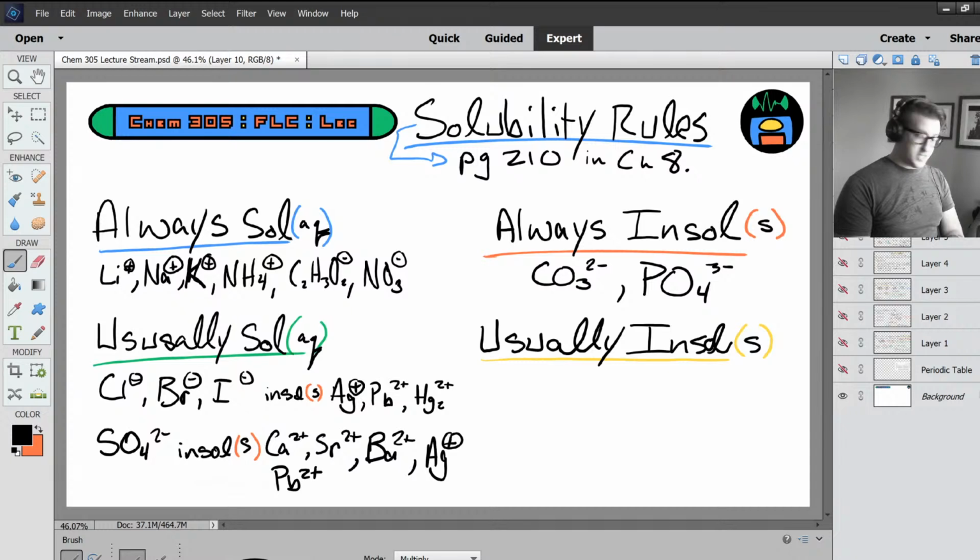Usually insoluble ions are hydroxide and sulfide, but something to note is these ions are soluble, which means they'll be in the aqueous phase when paired with calcium, strontium, and barium.